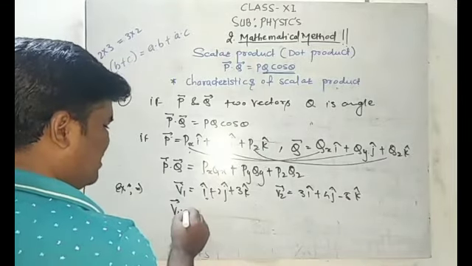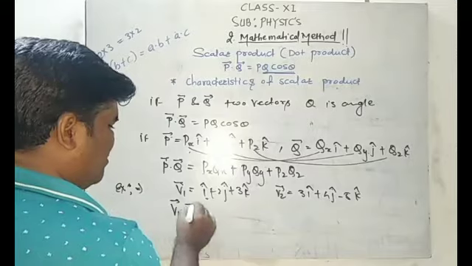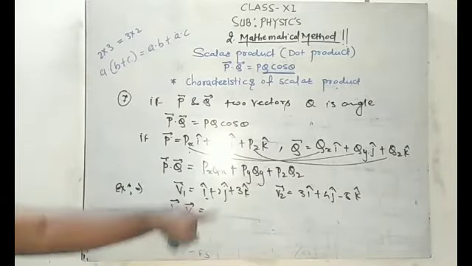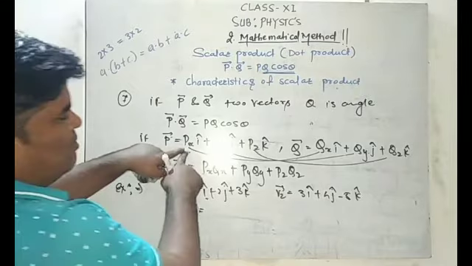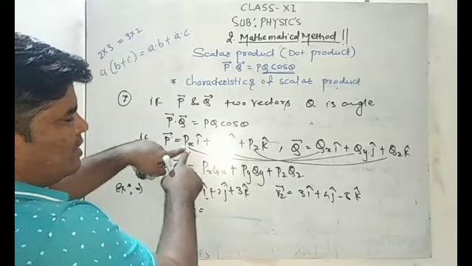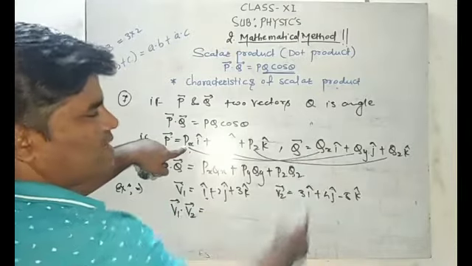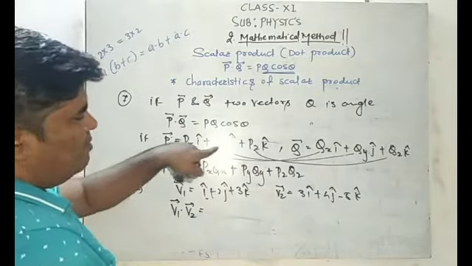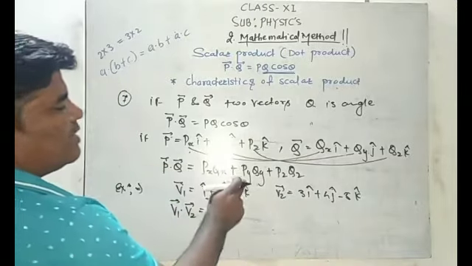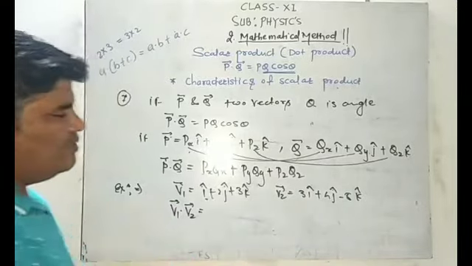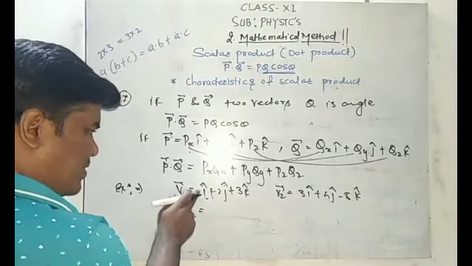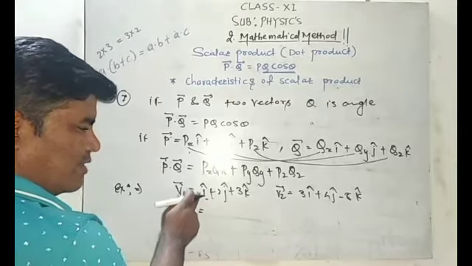V1 bar dot V2 bar. So what is the formula? The x component multiplied by the x component, the y component by the y component, and the z component by the z component. So here in the first vector, what is the magnitude of the component along the x-axis?